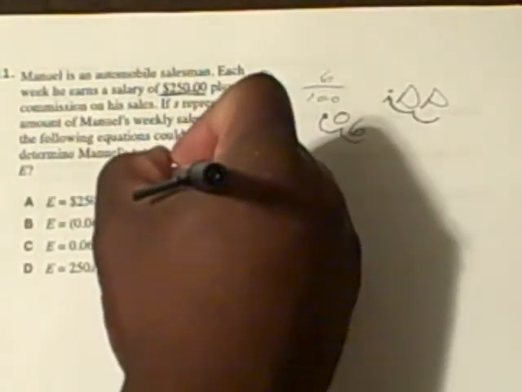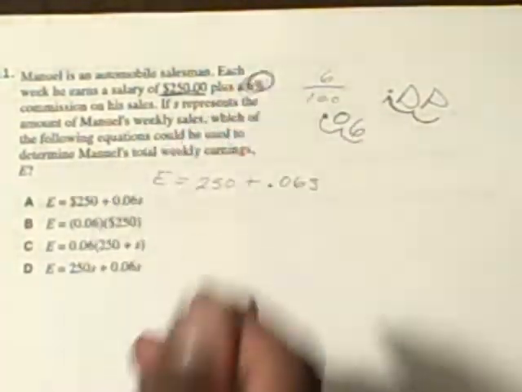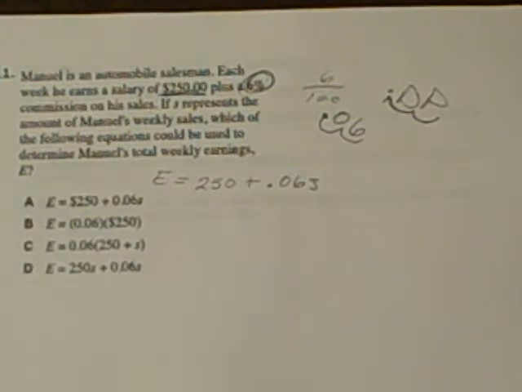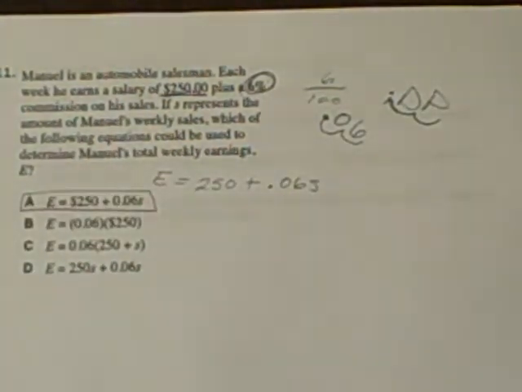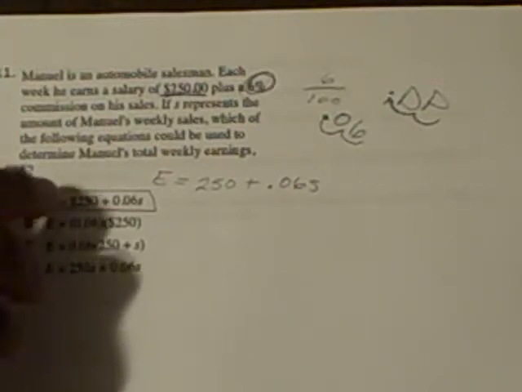So we want all of this to equal Manuel's earnings, which is E. If we set it up this way, we can see that our answer choice is A. So on this problem, just go through it, read it out. 250 plus 6%. Remember to convert your percent into a decimal and then find the missing pieces to the puzzle.